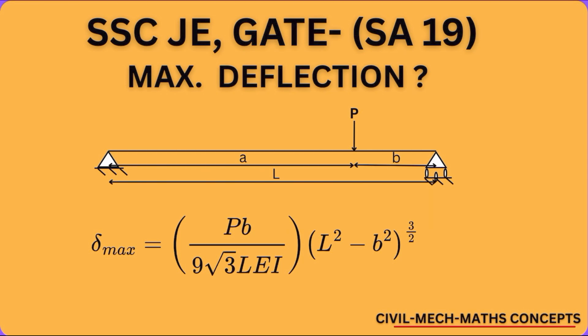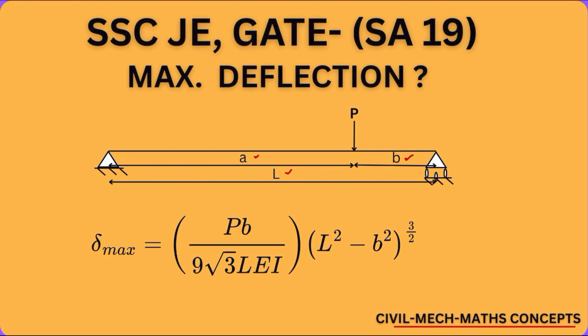Now we will go for finding the maximum deflection in a simply supported beam where the total length of the beam is L, and from the left hand side support the distance is A and from the right hand support the distance is B. A point load P acts at a distance A from the left hand side support.